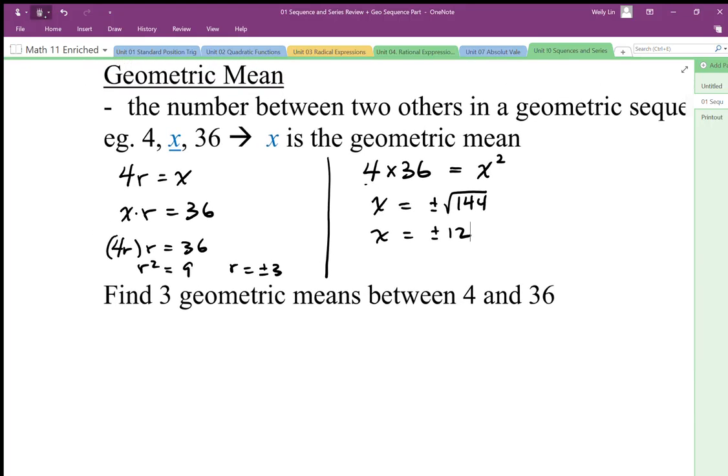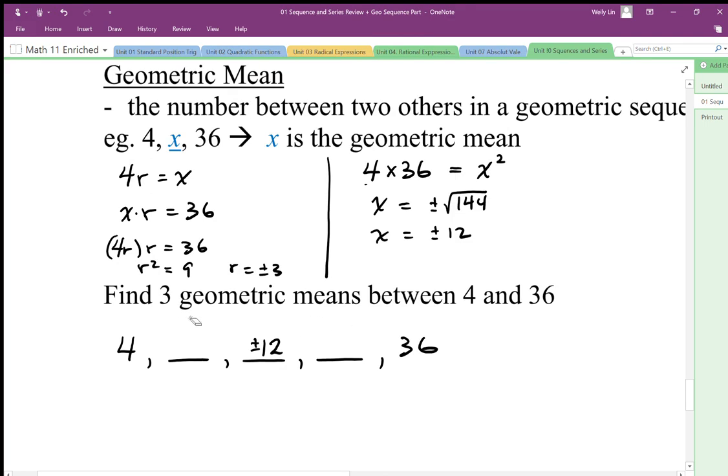So if I want to find 3 geometric means, that means I have 3 numbers in between 4 and 36. Well, I can use this same property, and I know that this must be halfway between 4 and 36.